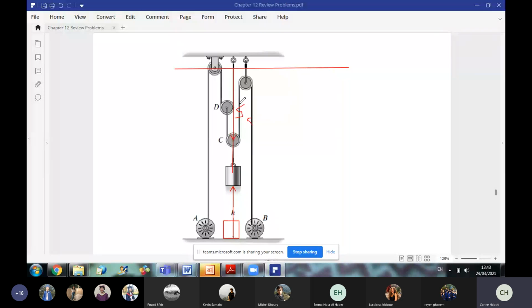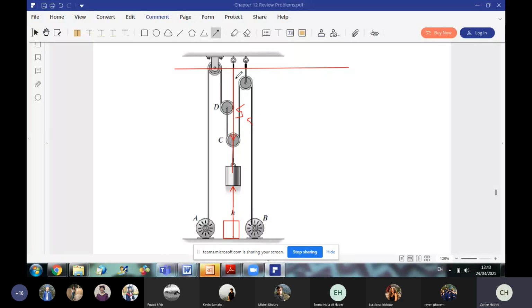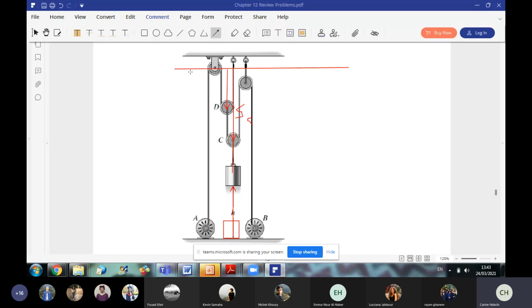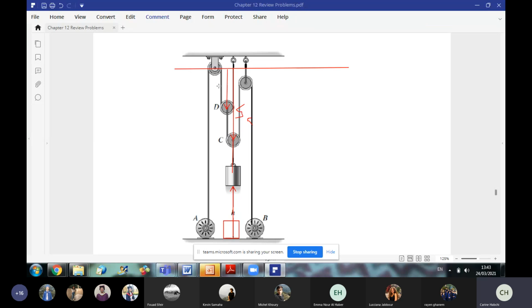The second coordinate is from the datum to point D, which I will call S of D.